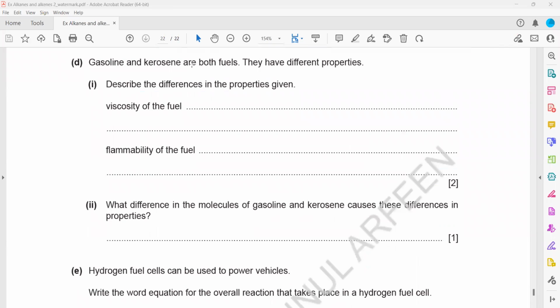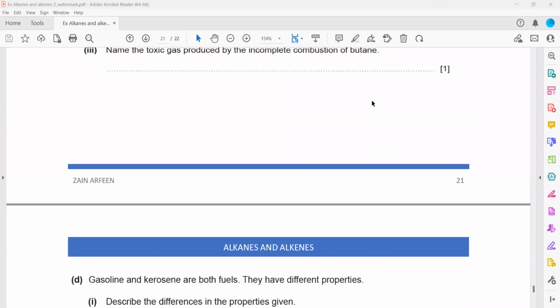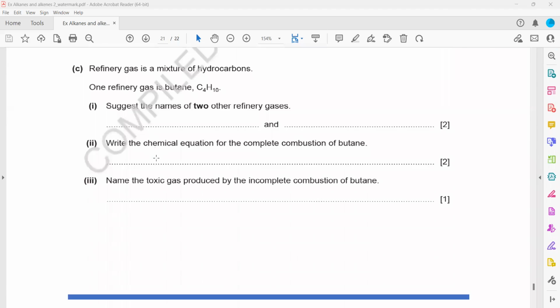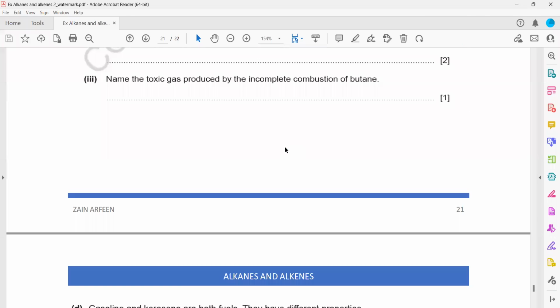Then in part D, gasoline and kerosene are both fuels. They have different properties. Viscosity of a fuel, like here kerosene and gasoline. Kerosene is more viscous because as we go down in this fractionating column, gasoline is more flammable than kerosene. So when we talk about viscosity, kerosene is more viscous, and flammability means which can burn easily.